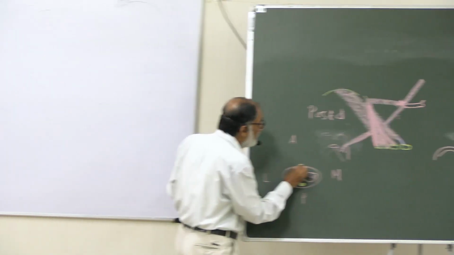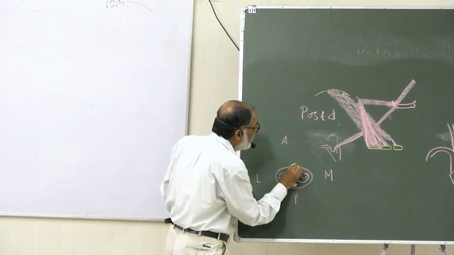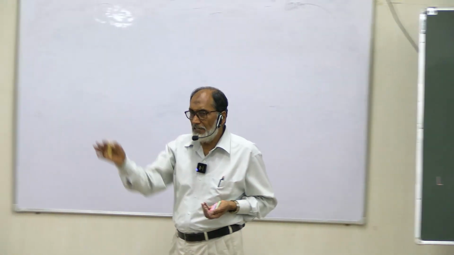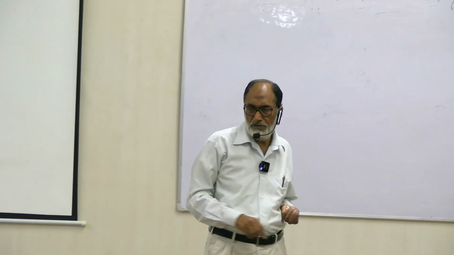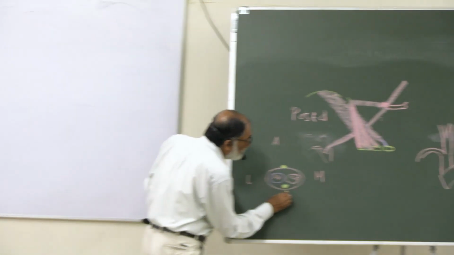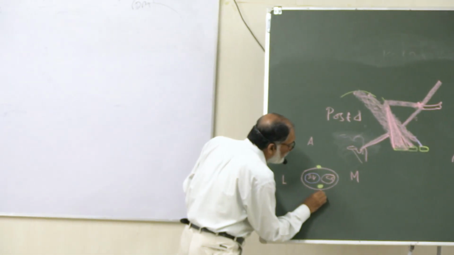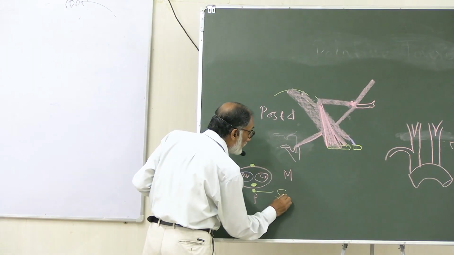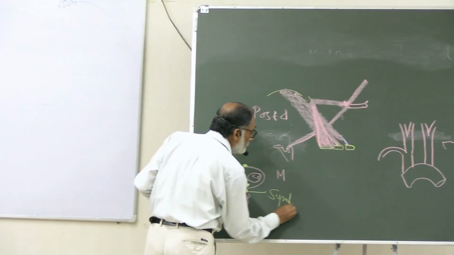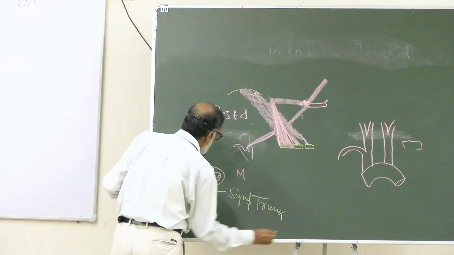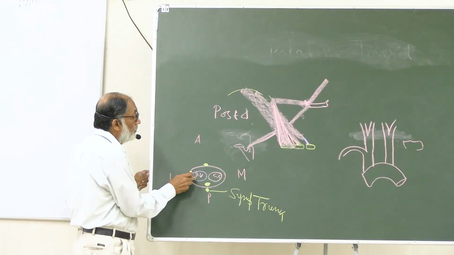And posterior to the carotid sheath lies another important structure. What is the name of that structure? Sympathetic trunk. Common carotid artery, internal jugular vein, ansa cervicalis.